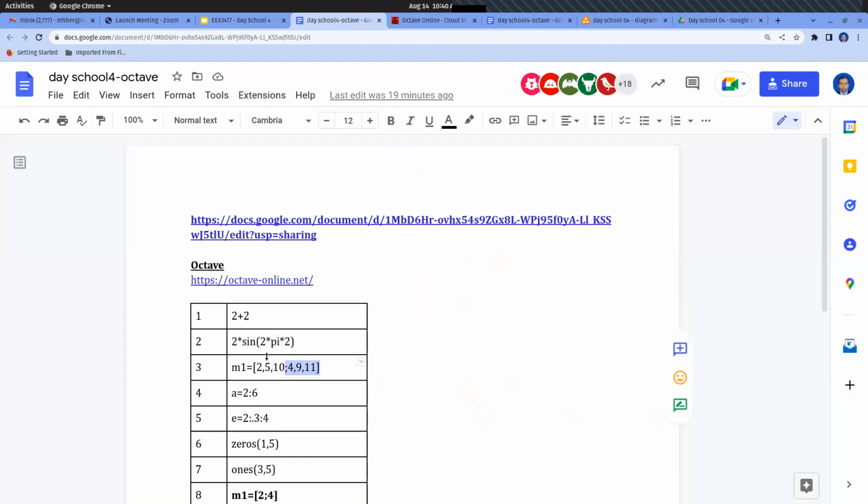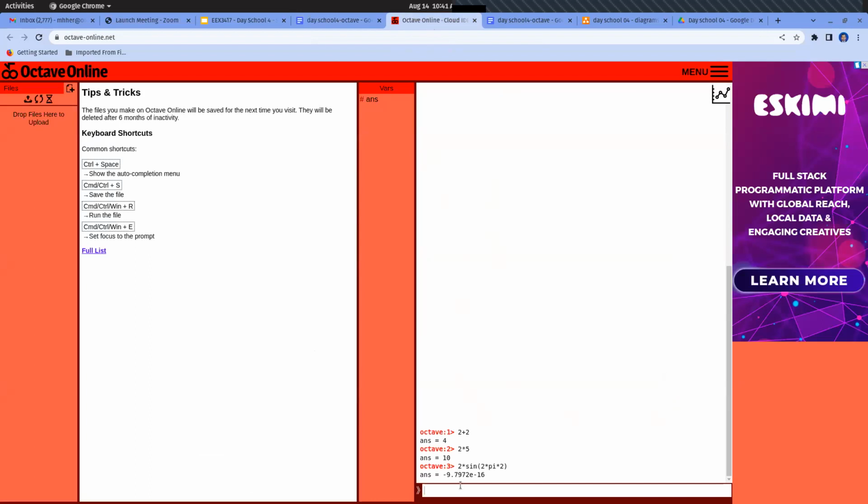And this is how you can create an array. Here, start with a square bracket: 2 comma 5 comma 10, and then the semicolon.